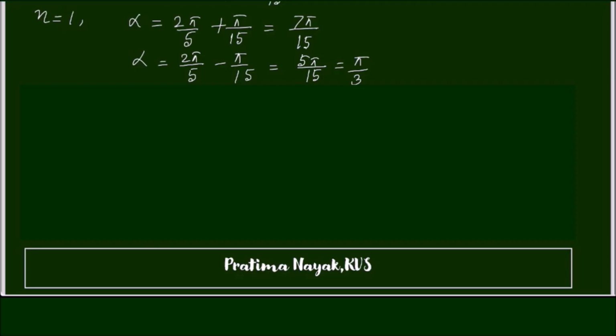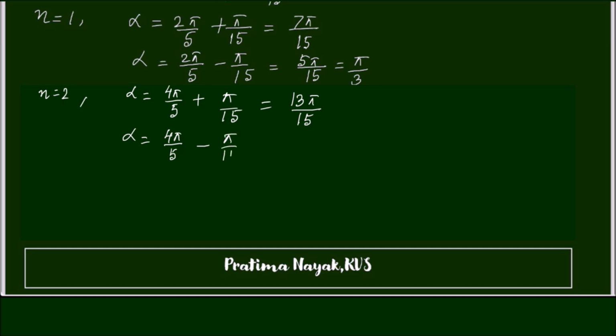When n equals to 2, alpha will be 4 pi by 5 plus pi by 15 equals to 13 pi by 15, and again alpha will be 4 pi by 5 minus pi by 15 equals to 11 pi by 15.